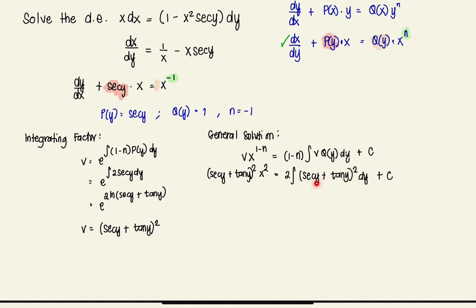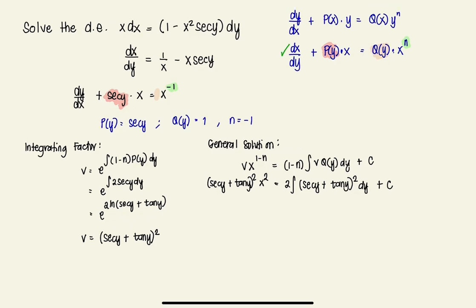So this is not yet integrable. We don't have a formula for this, so this binomial has to be expanded. Raising that to the power of 2, that gives us secant squared y plus 2 secant y tangent y plus tangent squared y dy plus c.